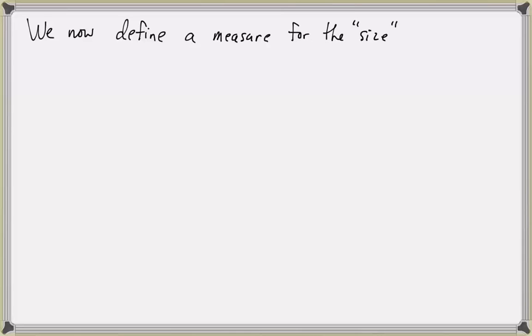So now we're going to define a measure that we can use to measure the size, in some sense, of elements in a quadratic field, Q of square root of capital D. And we call this measure the field norm.